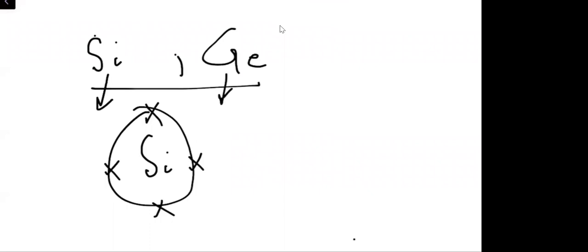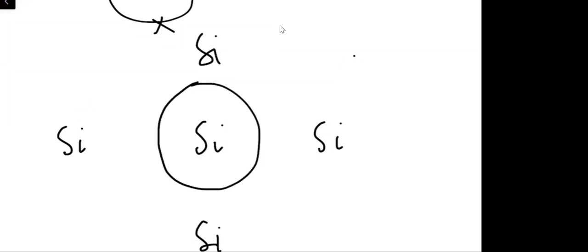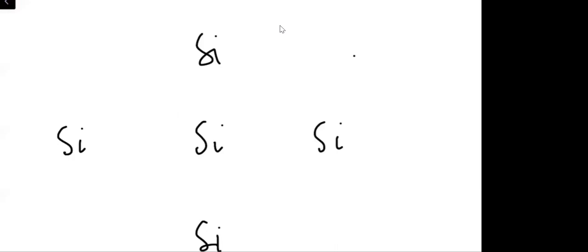And when we take a look at the crystal lattice of the silicon, we have Si, Si, Si, Si, and Si, something like this. And what is happening is that the outermost shells are making covalent bonds, right?